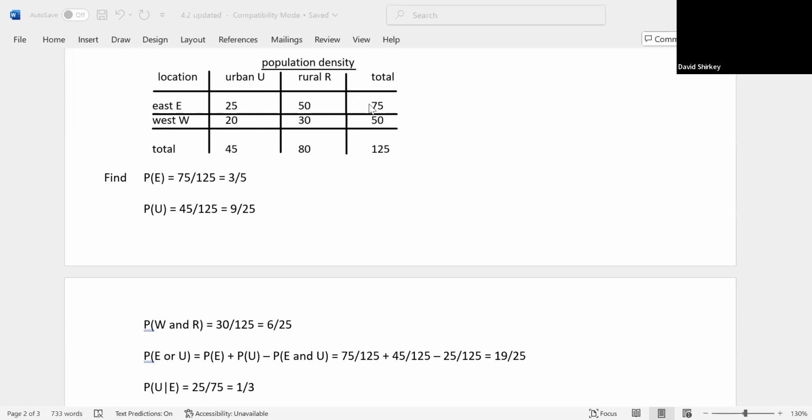We're looking at the total of whatever you're given, which in our case, the total of the east is 75. So that becomes our denominator. So what about the probability of urban given east? That's going to be where they overlap. That's going to be this 25, except over 75 instead of 125, which reduces to 1/3.